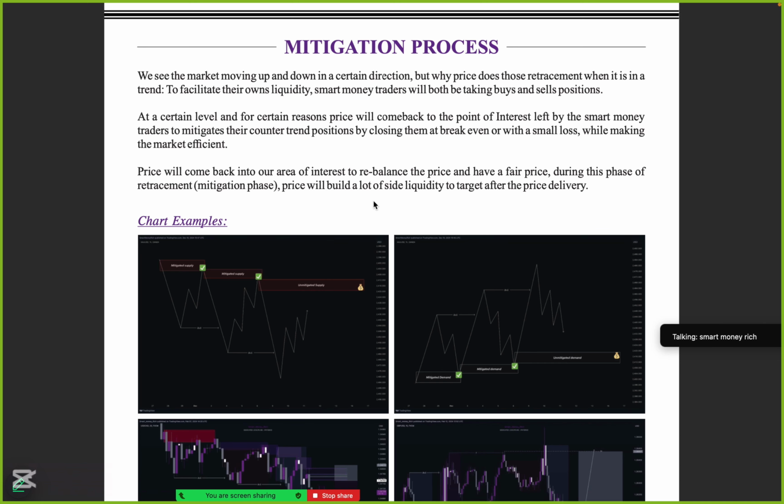Smart money traders will both be taking buy and sell positions at a certain level, and for certain reasons price will come back to the point of interest left by the smart money traders to mitigate their counter trend positions by closing them at break even or with a small loss, while making the market efficient, right?